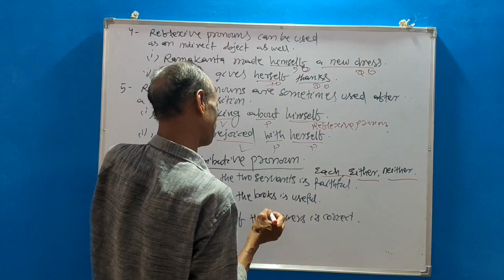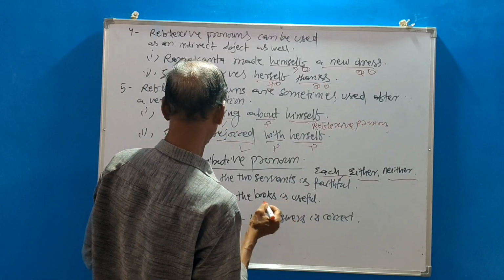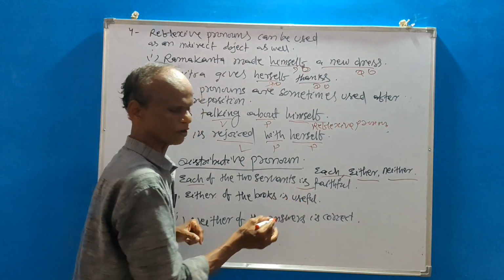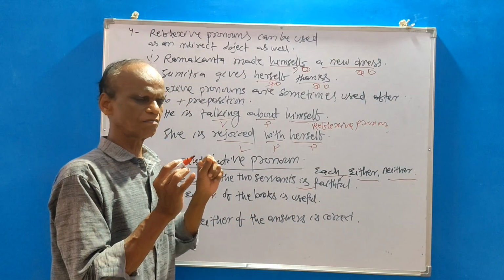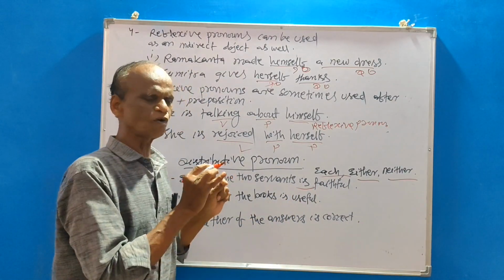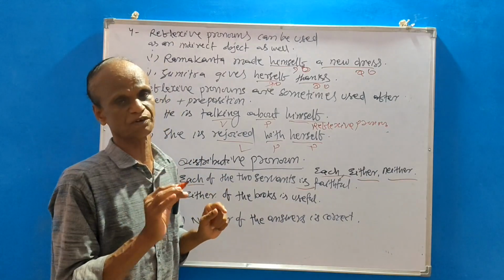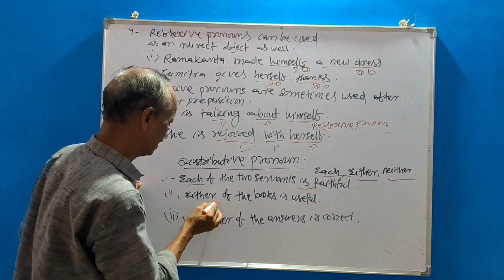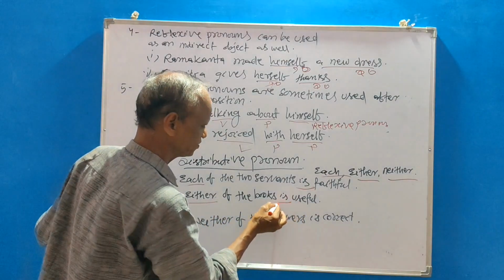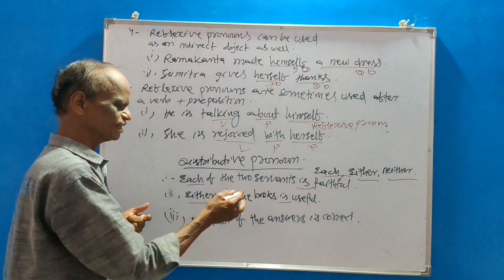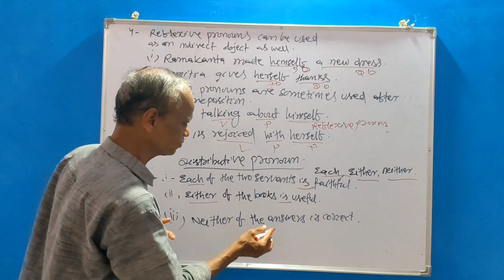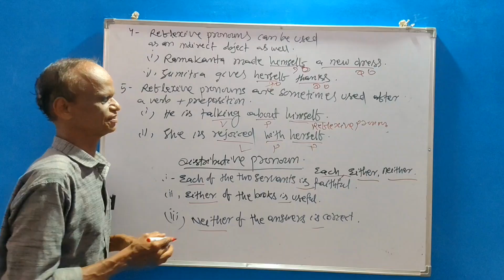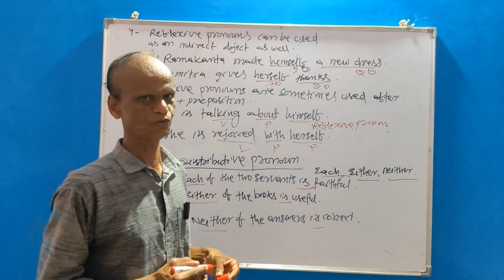Each is a distributive pronoun. It is singular form. Mind it, distributive pronouns are always used as singular form. Either of the books is useful or interesting. That is singular form. Neither of the answers is correct. Singular form. Neither, either, each: these are the distributive pronouns.